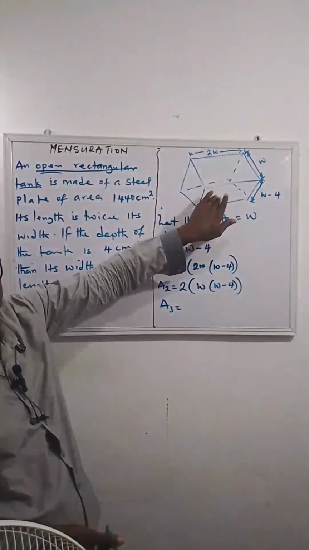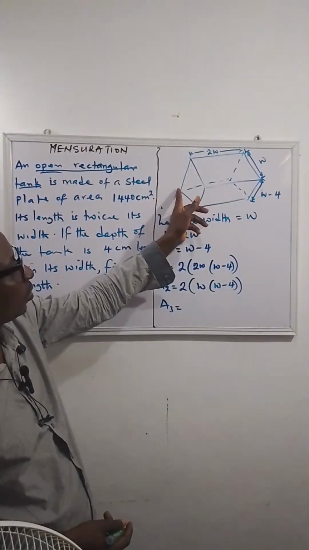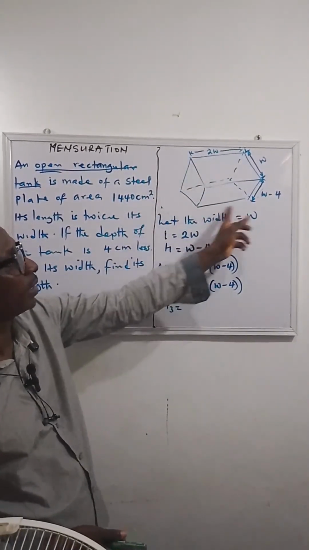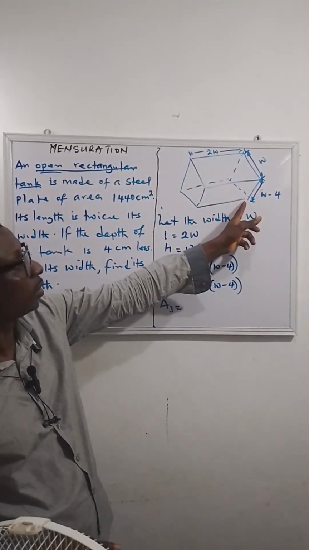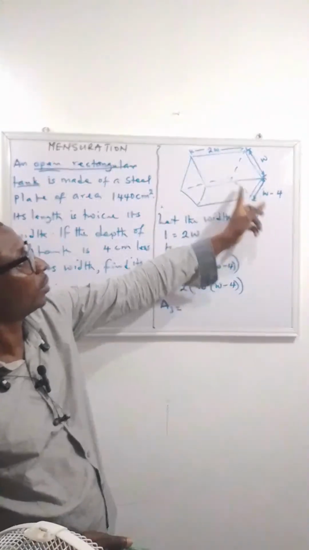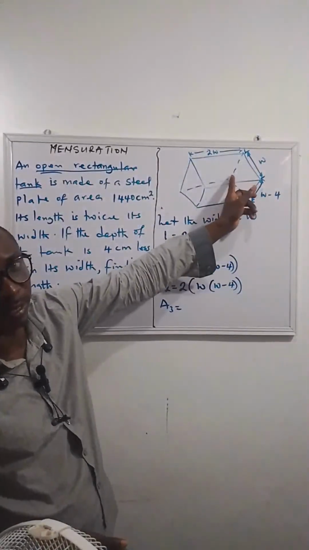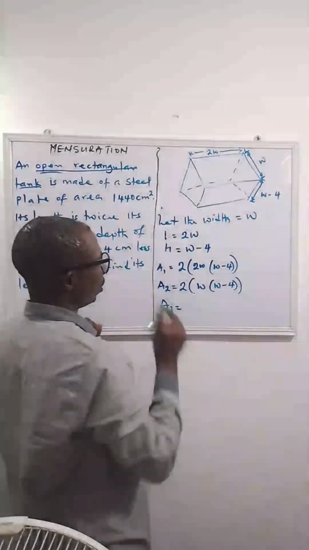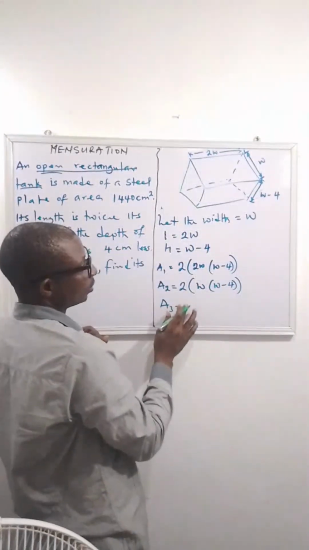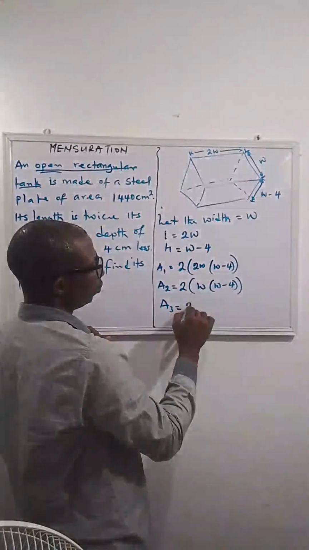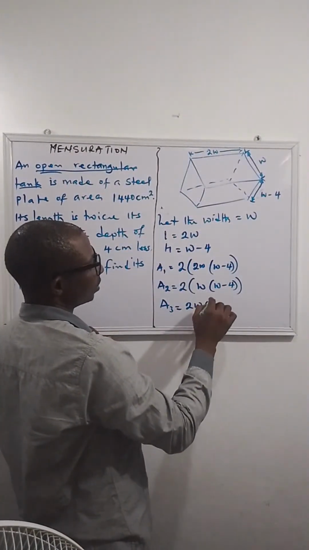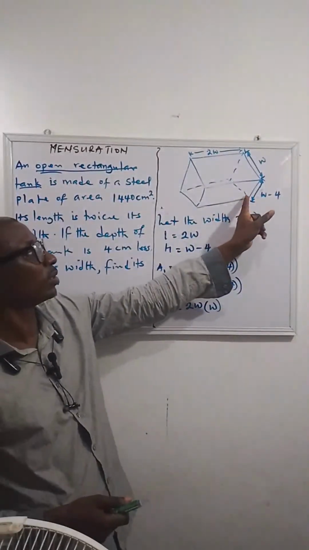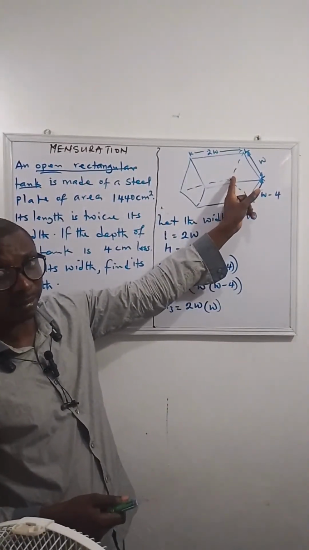This is going to be the length times breadth. The length here is 2W, and the breadth is the same as your width. We have just one of it, so I don't need to write 2. It's going to be 2W times W. That is this length times this breadth.